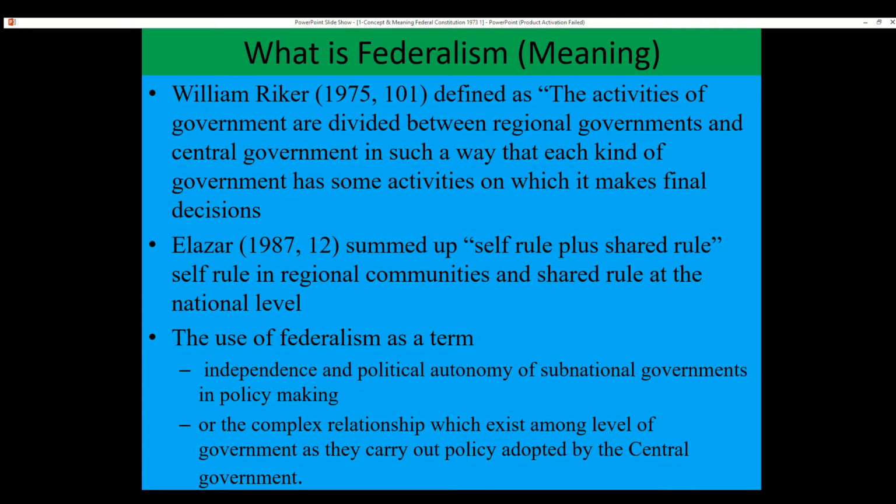Elazar, 1987, summed it up in very specific words: self-rule plus shared rule. Self-rule in regional communities, and shared rule at the national level.